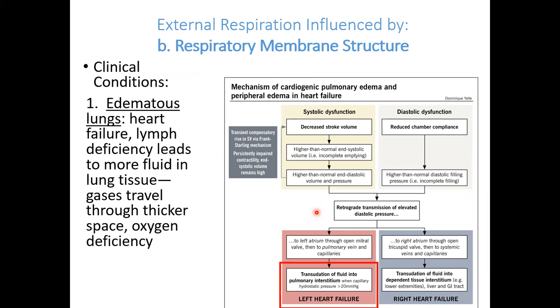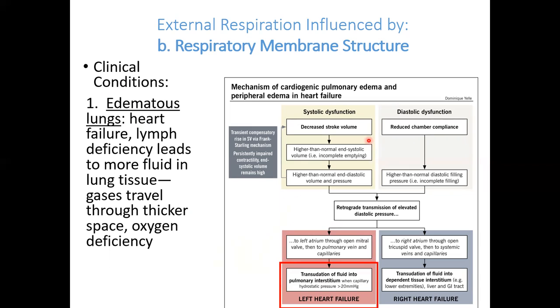This is one example of when changes in the respiratory membrane can ultimately lead to less respiration, less gas exchange. If we look at this word, edema should stand out. We know that edema is swelling. In this particular case, heart failure, which we talked about in a case study before, has led to fluid buildup in the lungs.